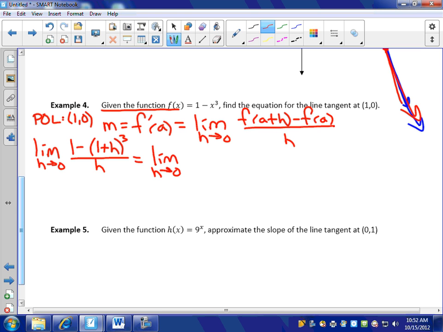So now we expand. 1 minus parentheses. Using our binomial theorem of expansion the other day, what will 1 plus h cubed be? H cubed?